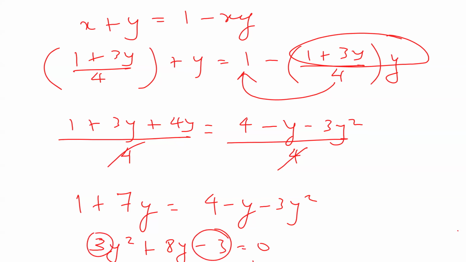So 3y square plus 8y minus 3. So we got the product as minus 9. And since there is plus 8y, I'm taking 9 as positive, 1 as negative. So 3y square plus 9y minus 1y minus 3 is equal to 0.